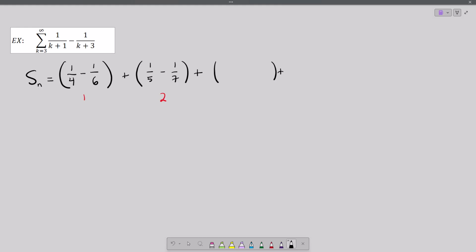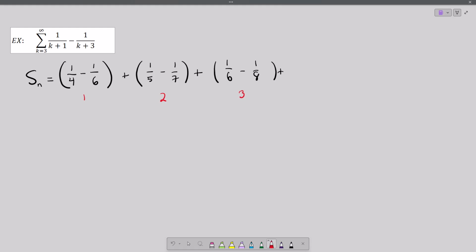You can go to 4 if you really want to look more carefully at it, but 3 is usually enough to see the pattern. So now this was k equals 3, k equals 4. This is going to be k equals 5. So we get a 6th minus an 8th. So those are the first 3 terms.